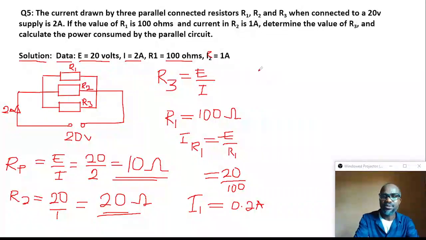What do we do? Current flowing in resistor 3 can be found by saying IR3, which represents current flowing in resistor 3, is equal to total current, which is I, minus the sum of current flowing in R1 and current flowing in R2.